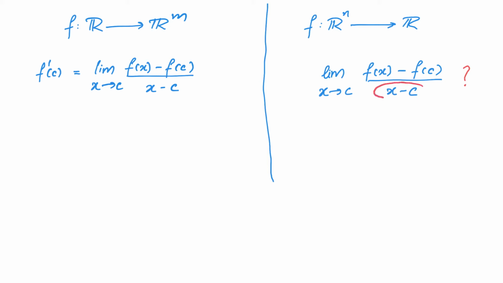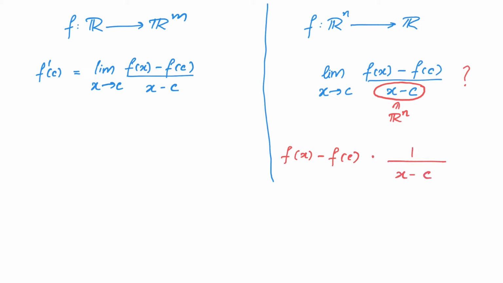Notice that x and c are both elements in Rn, therefore x minus c is an element in Rn. And of course, division by an element in Rn does not make sense. One of the workarounds that we had seen before was that instead of looking at (f(x) minus f(c)) by (x minus c), we could look at (f(x) minus f(c)) into 1 by (x minus c).